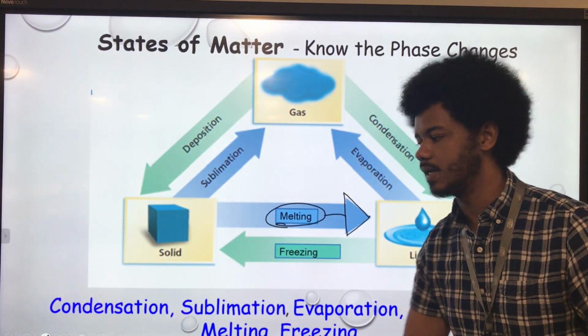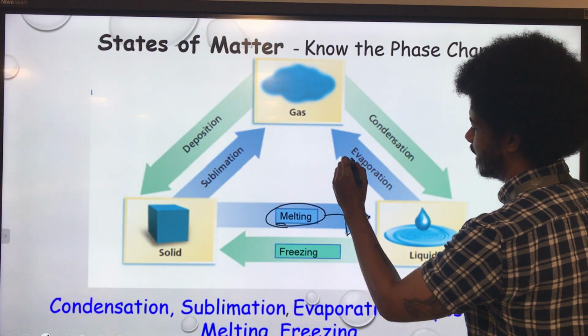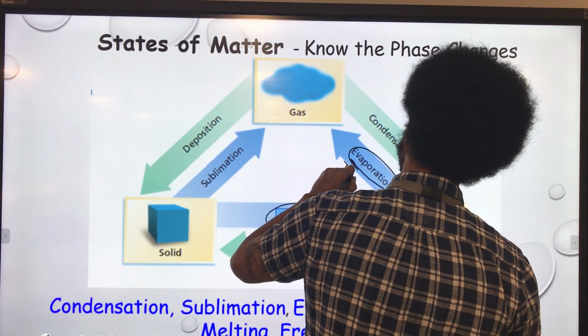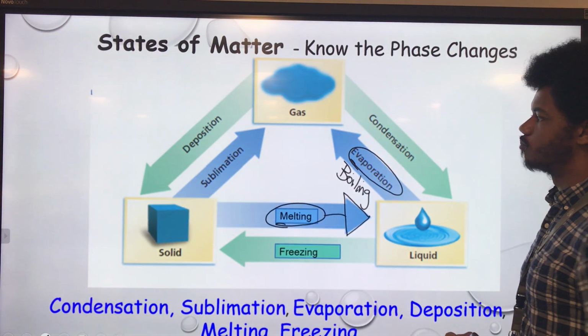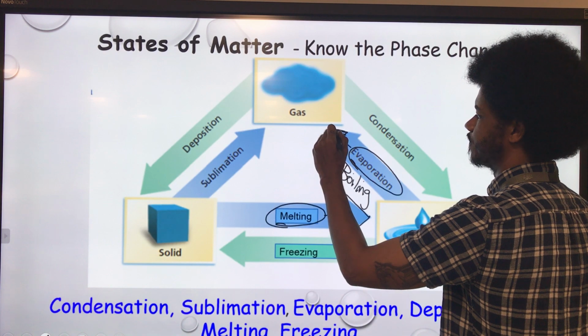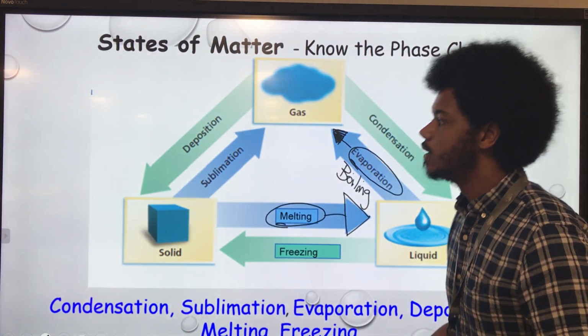And then if we continue the process, going from a liquid, evaporation, or boiling, that's the process of becoming a gas. So going from a liquid to a gas, we're evaporating or boiling.